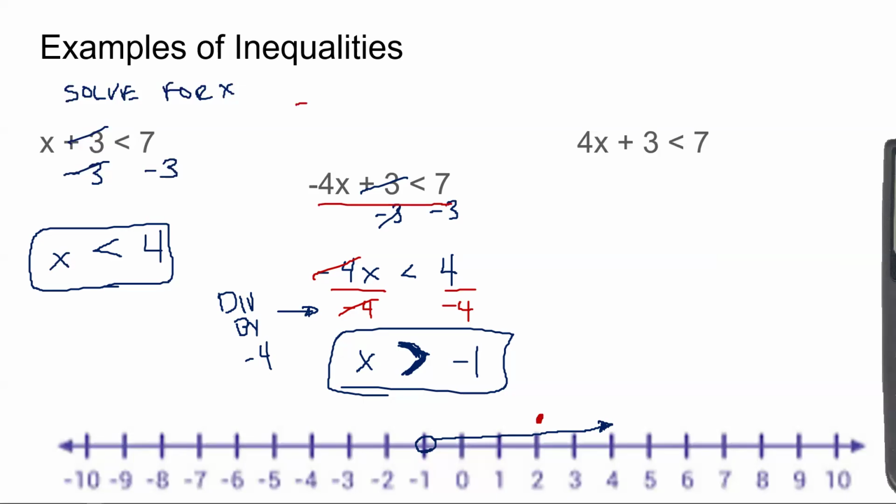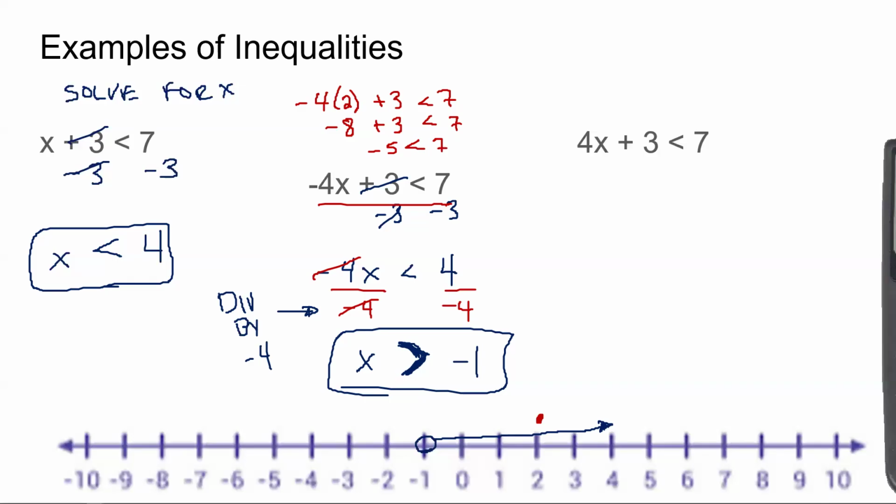So if I come in and go -4 times 2 plus 3 is less than 7. -4 times 2 is -8 plus 3. -8 plus 3 is going to be -5. That is indeed less than 7. If I hadn't flipped the sign around, it would have been the other way, and that would be a false statement. And I'd be over here on the wrong side somewhere.